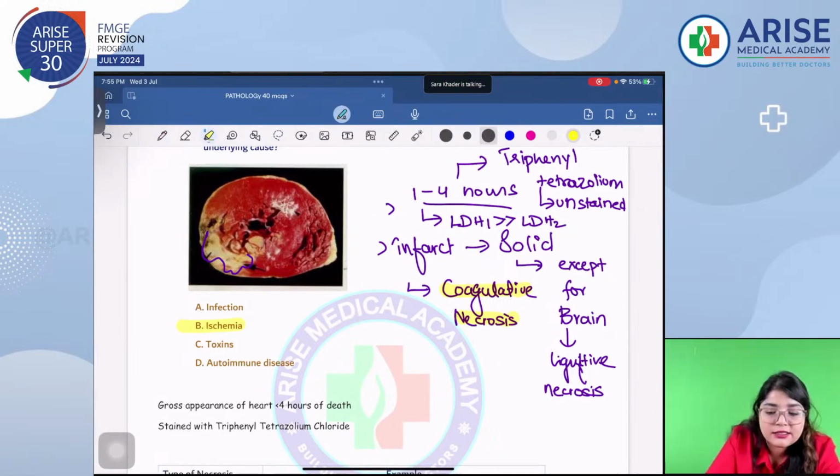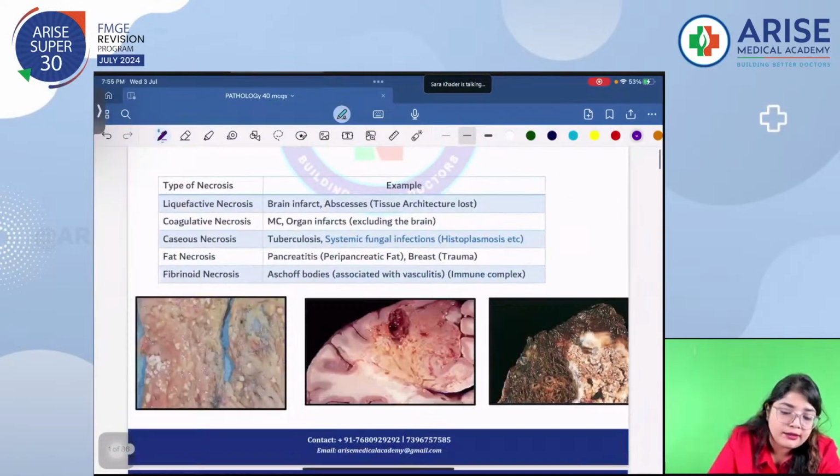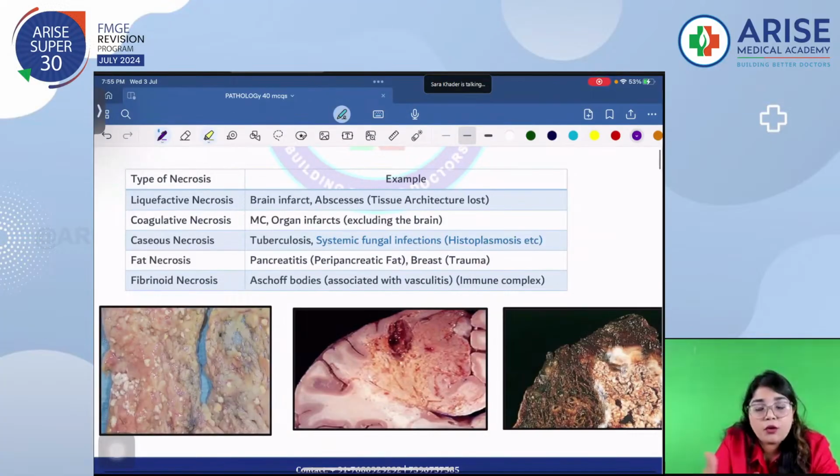Where LDH is lost, that is unstained. And remember your LDH flip. All right. Also remember the other examples of necrosis.